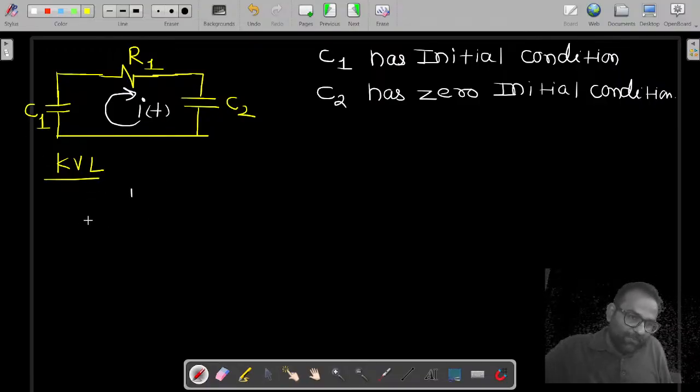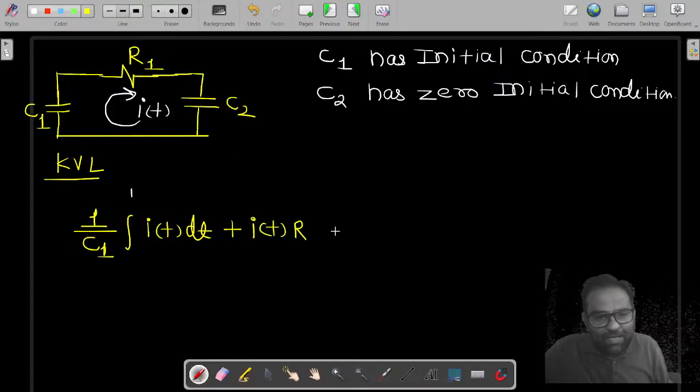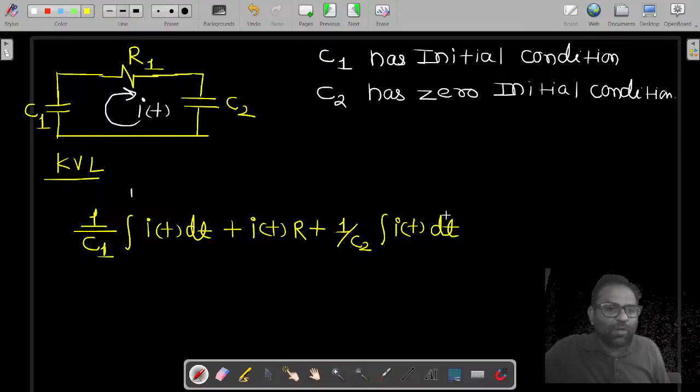So the voltage across capacitor C1 is 1 by C1 integral of i(t) dt, plus i(t) into R, plus 1 by C2 integral of i(t) dt, because the current in all elements is the same.